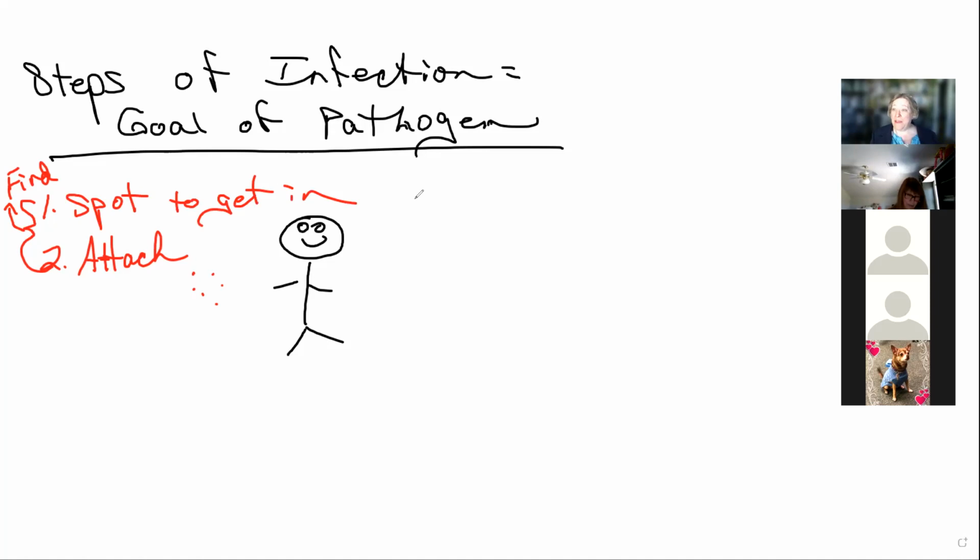Okay. So they've got to find what we call a portal of entry. And it all depends upon the pathogen. We humans have all sorts of portals of entry. We'll say this one is COVID. Where is it wanting to get in? Your respiratory system.